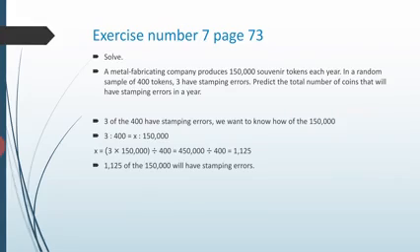We make the proportion again: 3 is to 400 as x is to 150,000. So we multiply the two outside numbers and divide by the inside one: 3 times 150,000 divided by 400. That is equal to 450,000 divided by 400, which is equal to 1,125. So 1,125 of the 150,000 will have a stamping error.